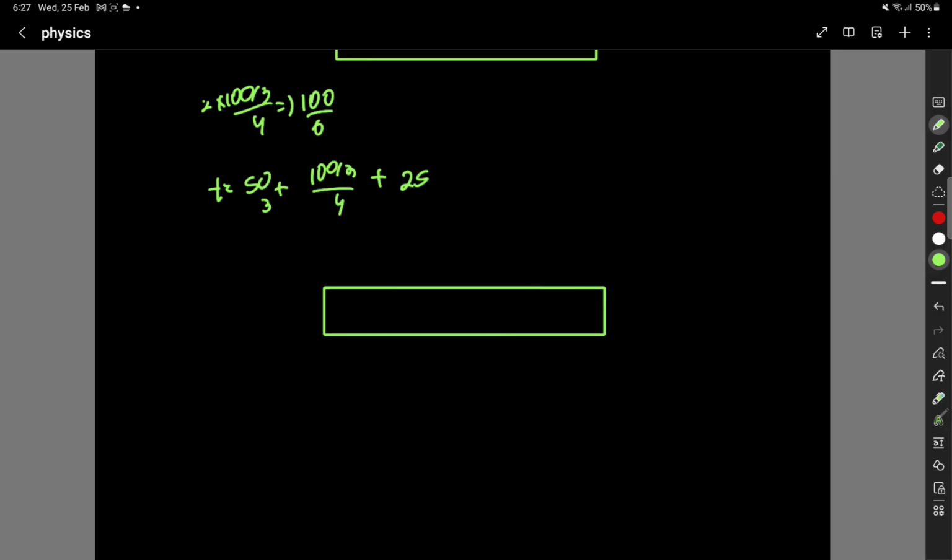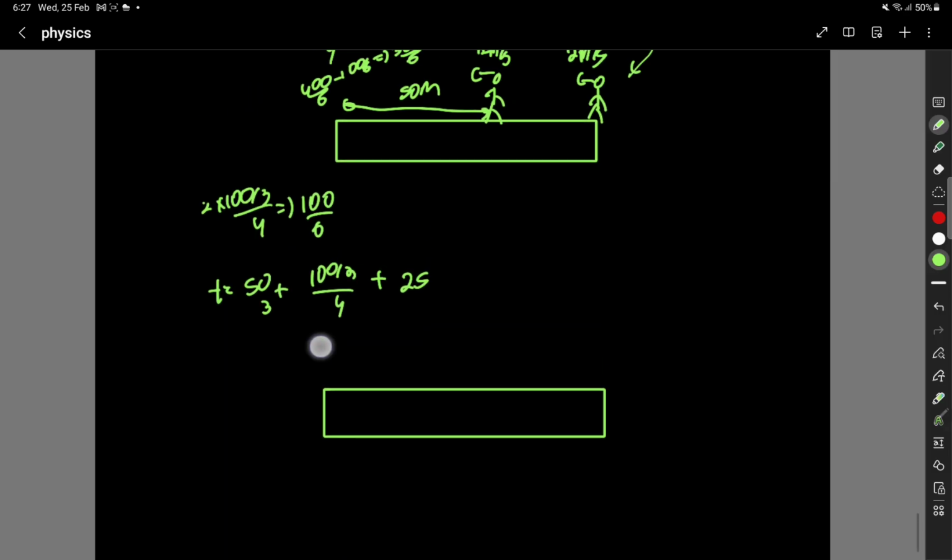After 25 seconds this guy would have reached his end. Now he can start going with 4 meters per second, whereas this guy is here at 2 meters per second. He would have traveled 50 meters.